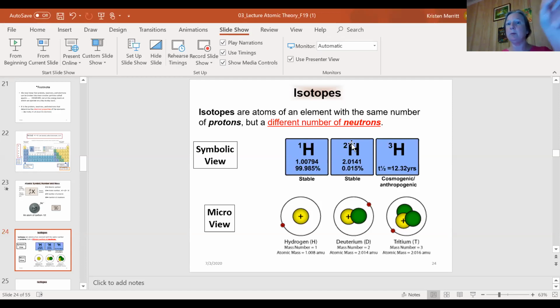Look at the periodic table, there's your cheat sheet. So it has 1 neutron. And then tritium, which is made in the lab, still has 1 proton, because hydrogen always has 1 proton, so it has 2 neutrons. This makes a difference because this is mass, and when you change the mass, you change the chemical behavior of an element. So that is an isotope. So make sure you can identify what an isotope is and how we identify it when we're given the symbols.